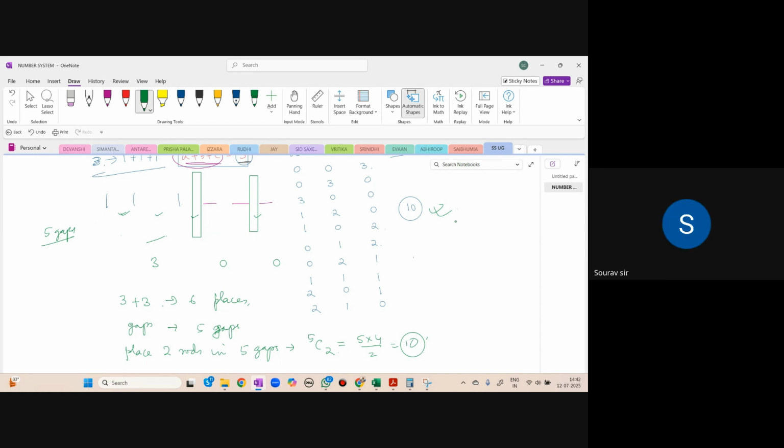Okay. So this is dividing n things among r people, right? Someone can get nothing, someone can get everything. It is that kind of a permutation.